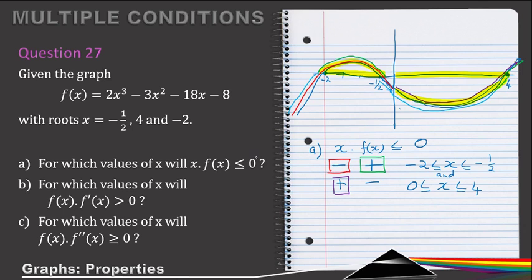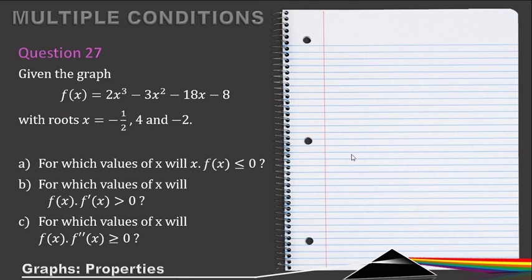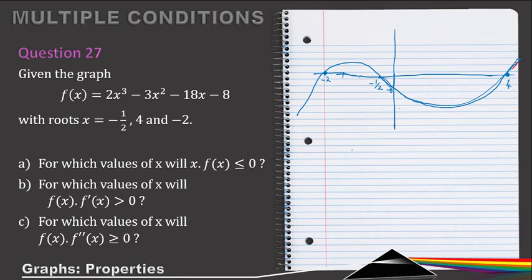Okay, so let's look at the next question, question B. For B, for which values of x will f(x) times the first derivative of f(x) be greater than 0? In this case, we are now interested in the first derivative. Remember the first derivative gives the turning points. So what we need to find now is where these x values are. The first derivative is going to be 6x squared minus 6x minus 18.